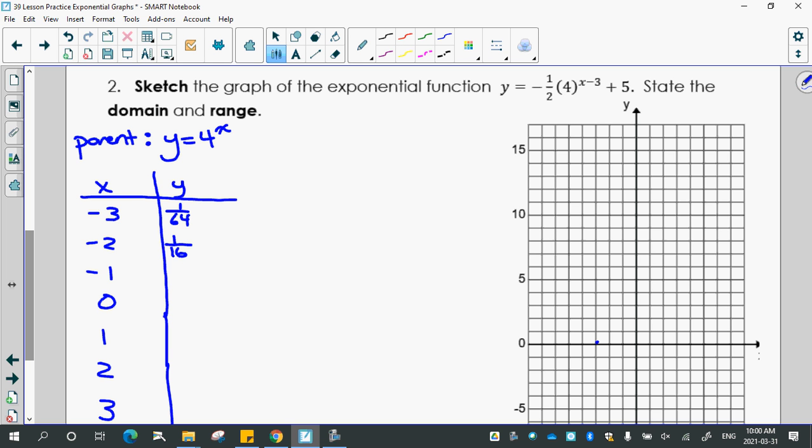Crazy close, but I don't know if you can make it look a little bit higher. 1/4. 1/4. 16, not 8, careful.